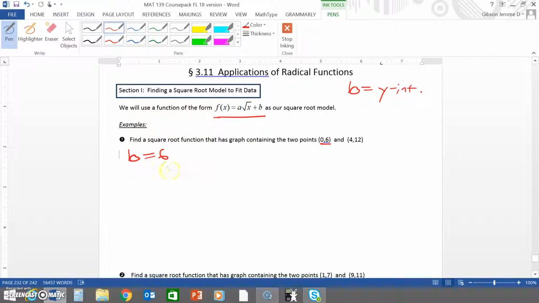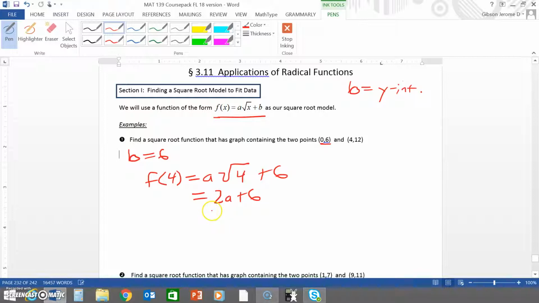We would have f of 4 is equal to a times the square root of 4 plus 6.